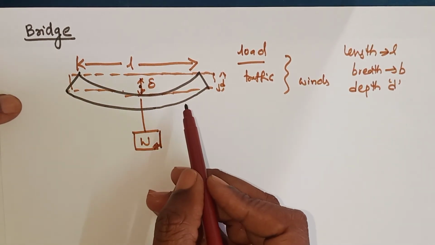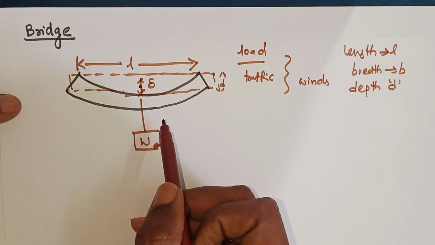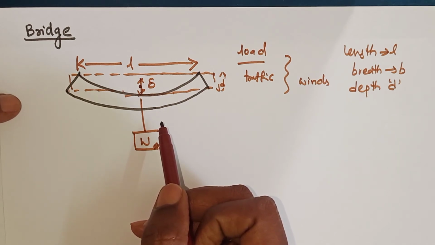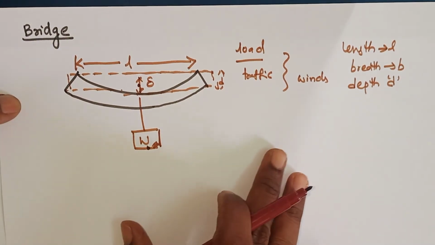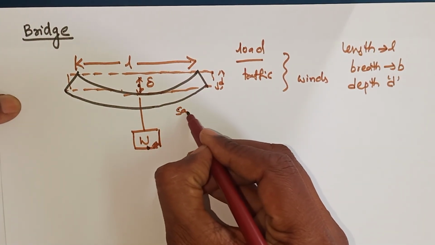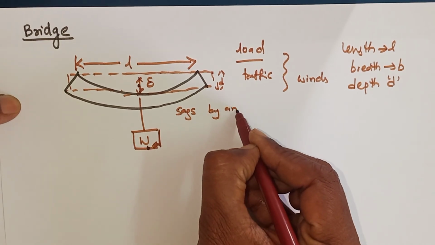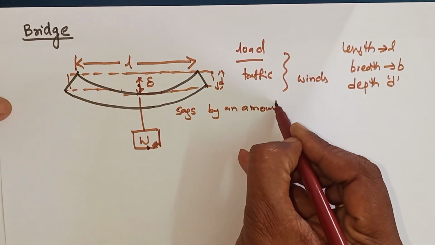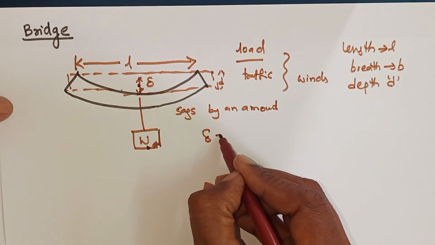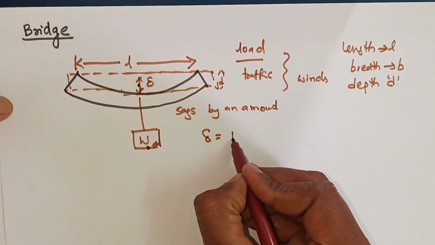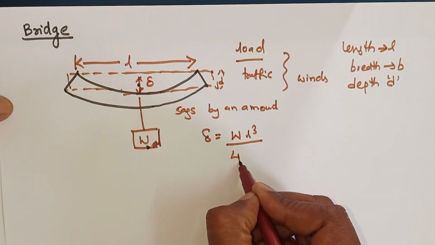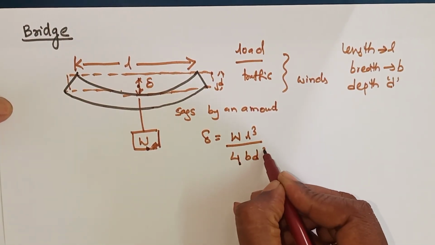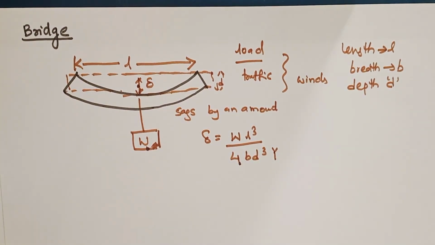So a bar of length L, breadth B and depth D, when loaded at the center by a load W, sags by an amount delta equal to W L cube by 4 B D cube Young's modulus Y. This is a simple calculation.